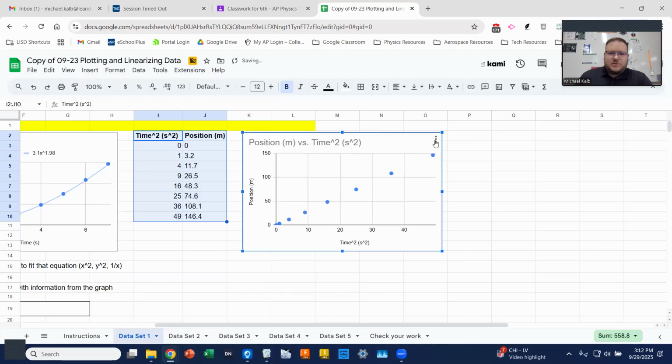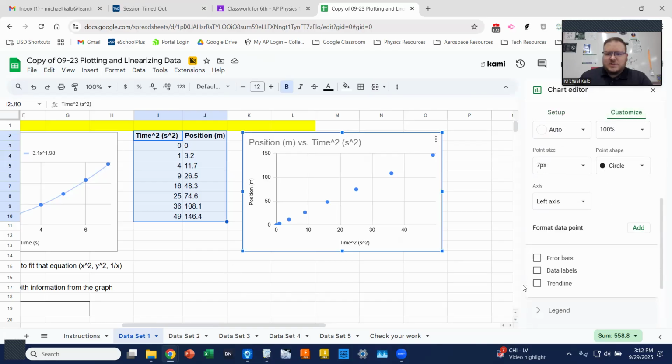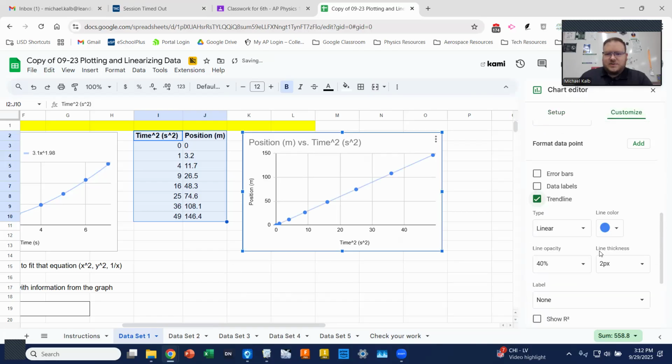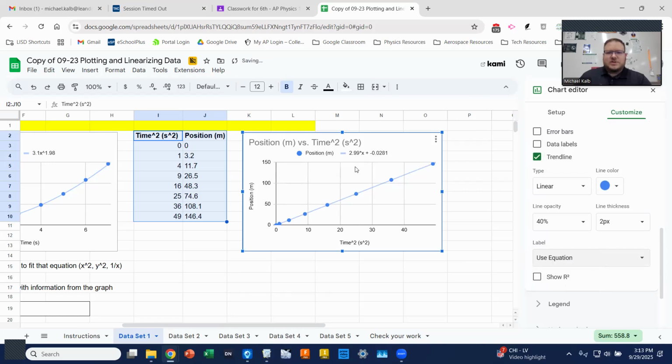All right, so we got that over there. Edit chart, customize, series, trend line, label, use equation. So it's 2.99x plus 0.0281.